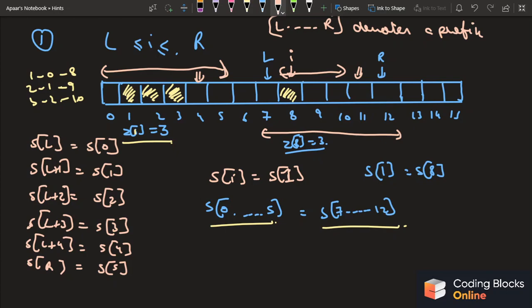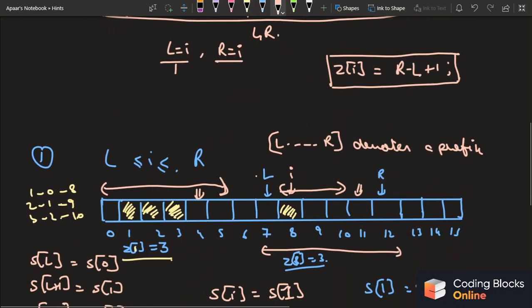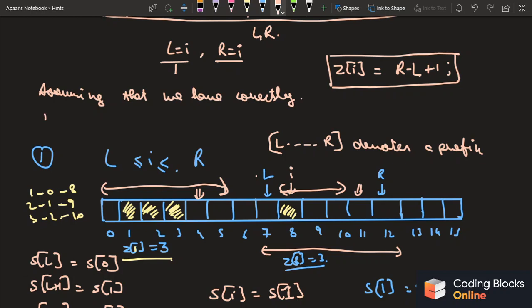So basically what we are doing is, we have always correctly found the previous zi values, those less than i minus 1, right?